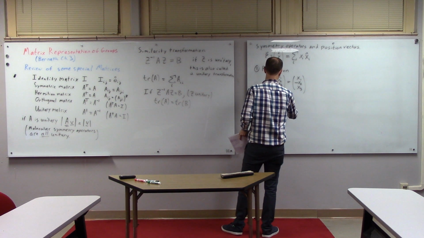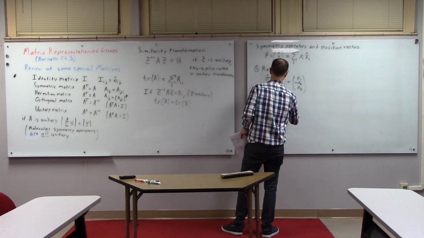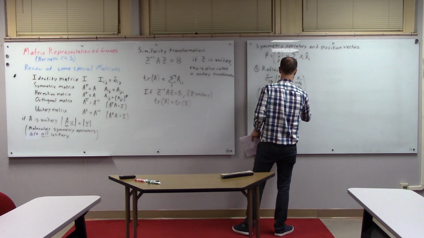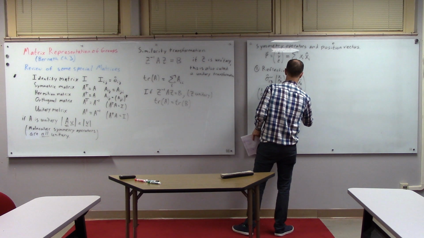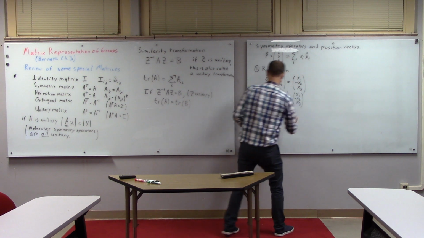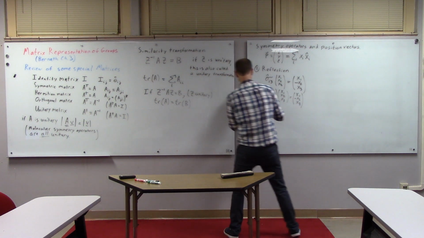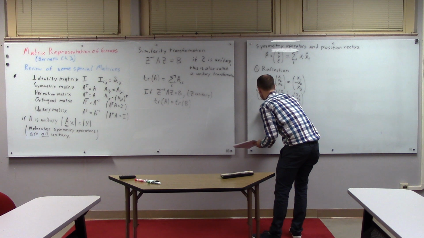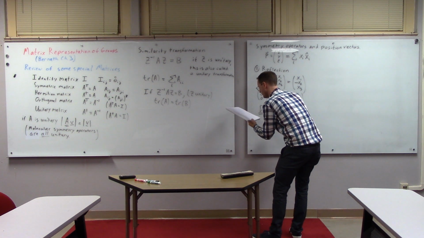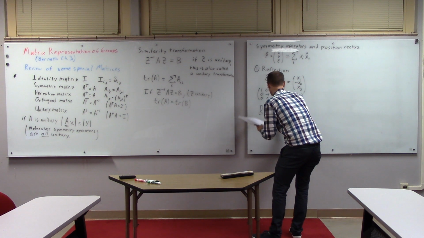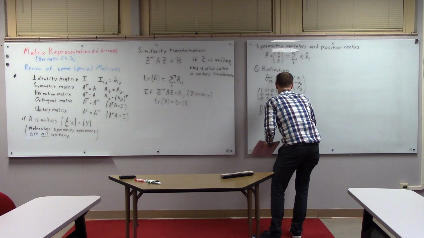If you operate this matrix on x1, x2, x3, you can easily prove to yourself that this is going to equal x1, minus x2, x3. And so we would say that the matrix operator that is equivalent to the 1, 3 reflection is going to be a matrix that looks like this.